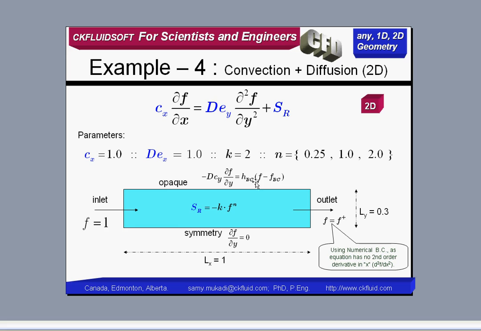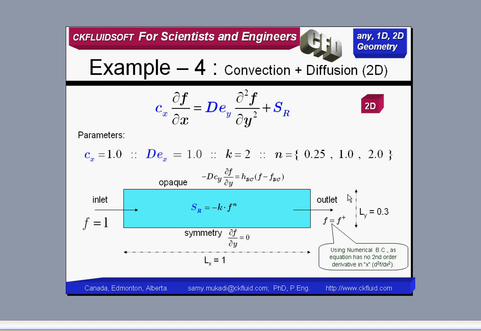It's the symmetry, which is basically the same as the adiabatic in this case. Since we don't have any second derivative in the X direction, we use a different type of outlet boundary condition, which is a numerical boundary condition.